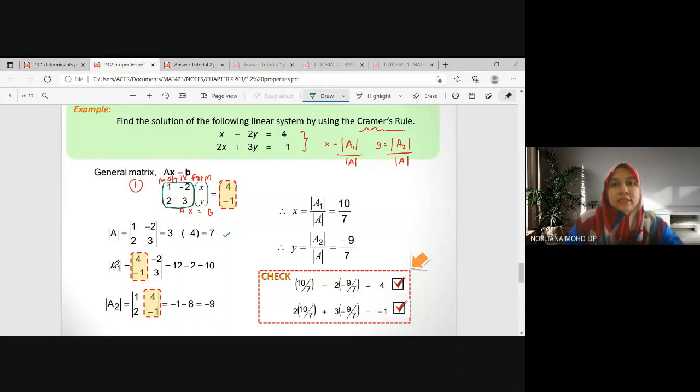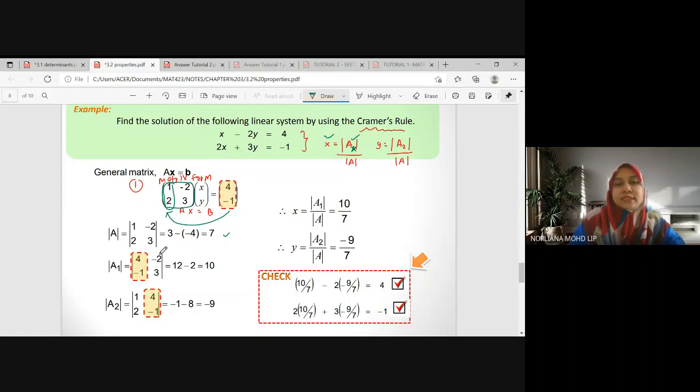Okay. Then, if you want to find the value for X, we have to find the determinant of A1. A1 is actually AX. Okay, for AX, we interchange the first column with the constant matrix. We change it here. So the first column is interchanged with the constant matrix 4, negative 1.